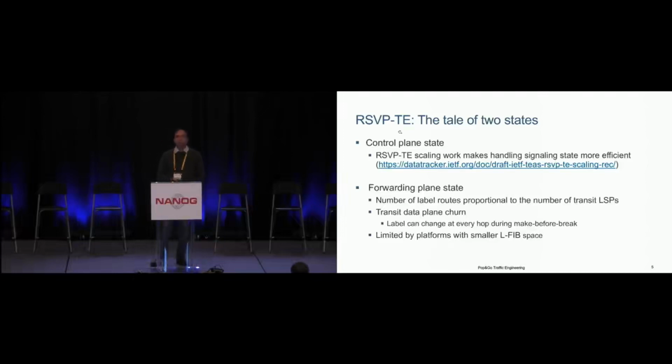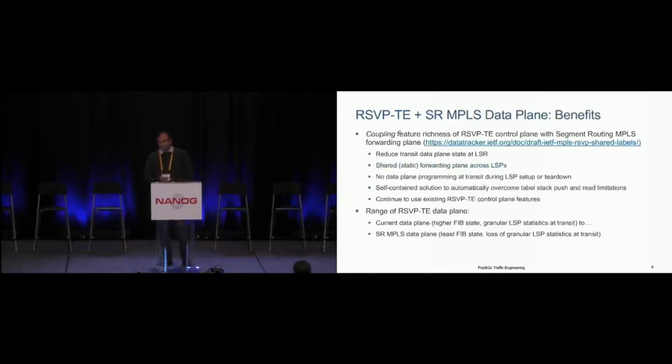There have also been situations where chipsets have had limited capabilities in how many labels they can support in the LFIB. We've seen cases where we had to restrict the number of labels the box can allocate, which in turn restricts how much the signaling plane can scale.